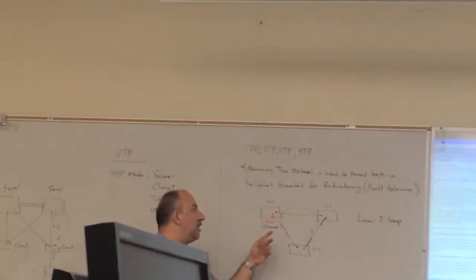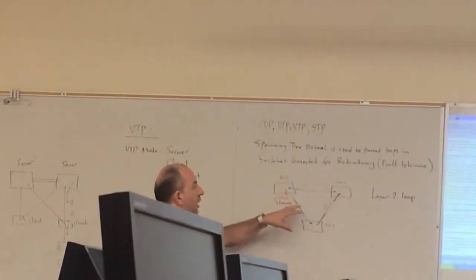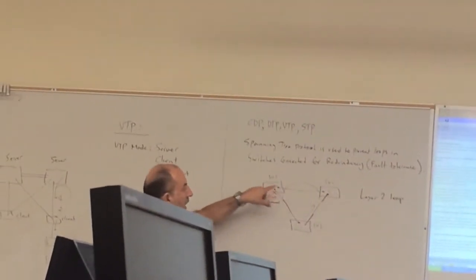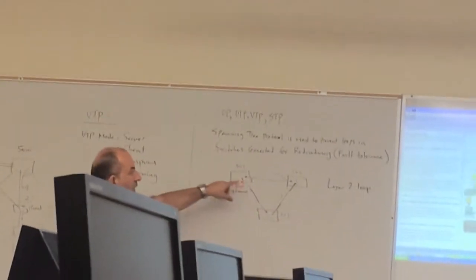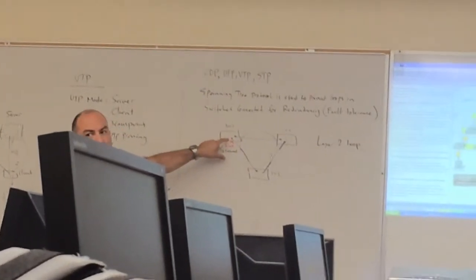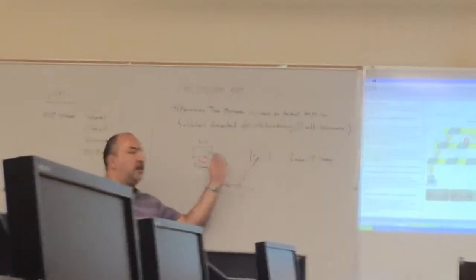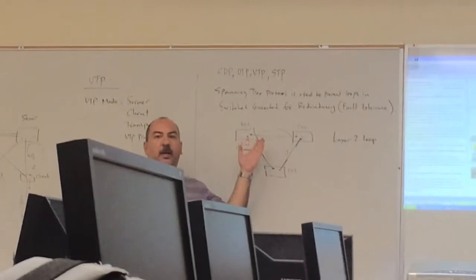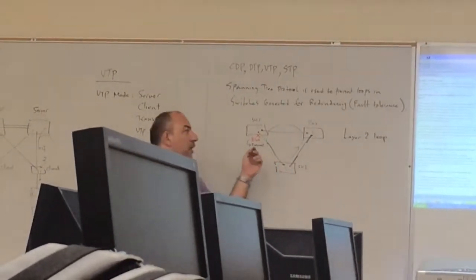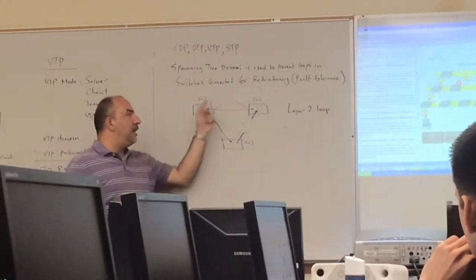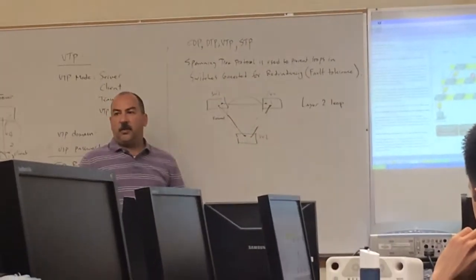So what I did is I interrupted this loop by putting one of the ports into what we call blocking mode, and this way I only created one path for the data to travel, but the redundancy is still available because when I disconnect one of these cables, this port automatically unblocks itself and starts forwarding, and data starts going back again this way.